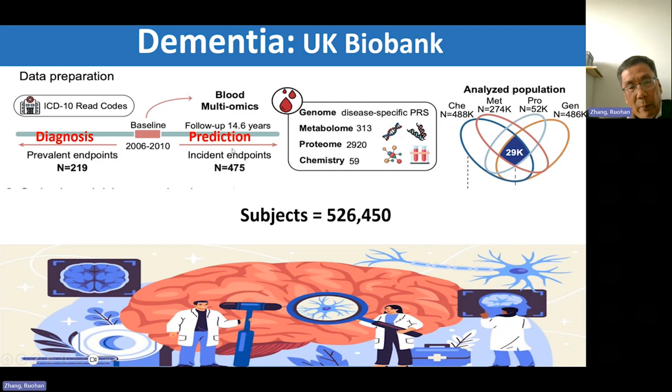And for prediction, we have these 400 diseases, so we can do prediction for these 500,000 people. If we only concentrate on the proteomics data, we have 3,000 proteins available. So that's where we started to look at the data, doing both the diagnosis and prediction job.